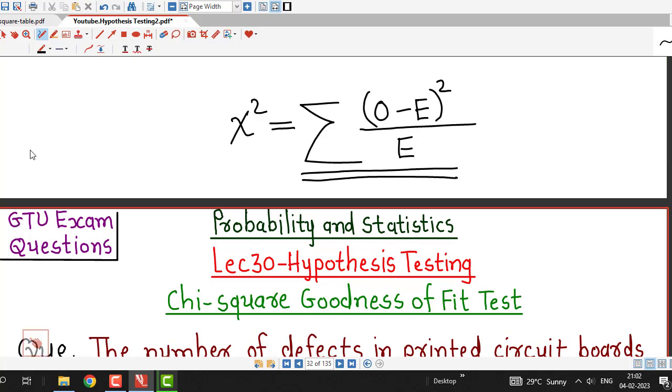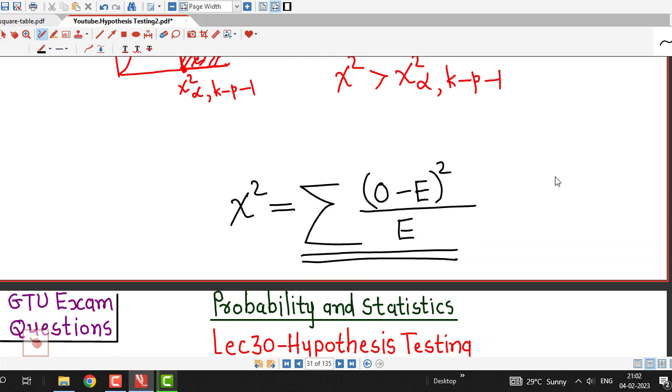To find these expected frequencies, we will use the formula for the probability mass function or probability density function of the hypothesized distribution.